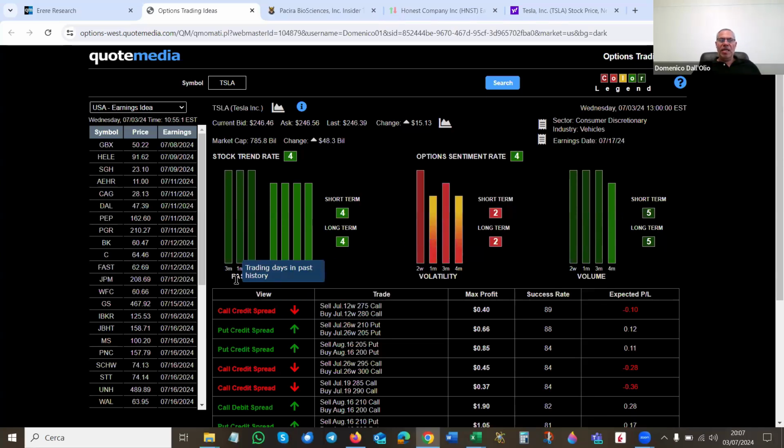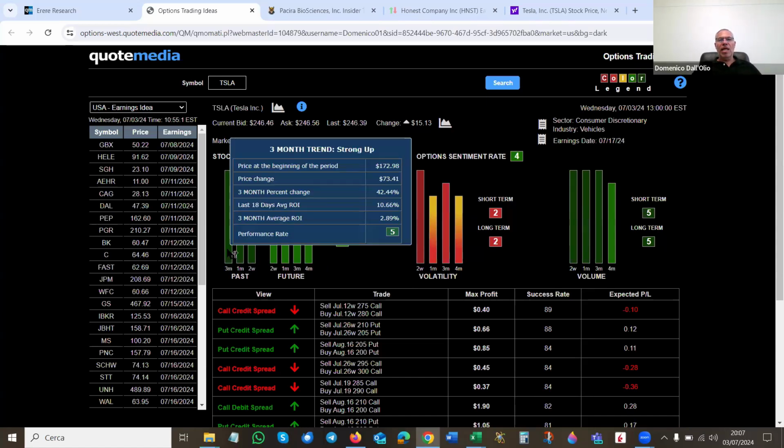Regarding the analysis of the past trend of the stock, it is not just today's closing minus the closing 3 months ago divided by the closing 3 months ago. It's not just an analysis of the return in the price.